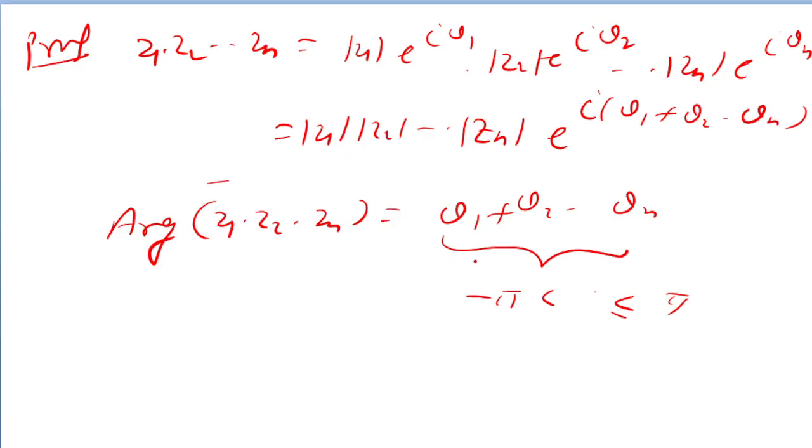Now to make this particular value, theta 1 plus theta 2, lie between minus pi and pi, we have to add something.